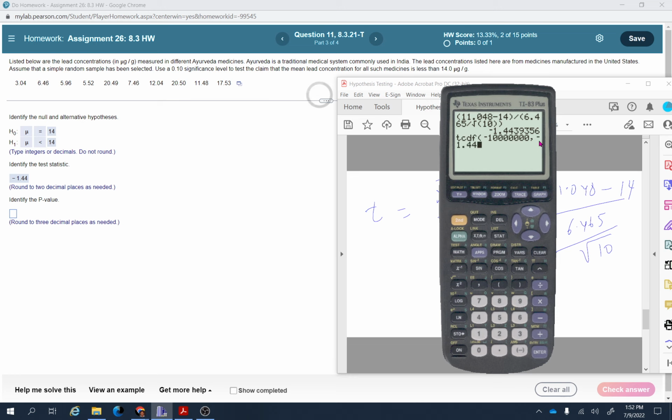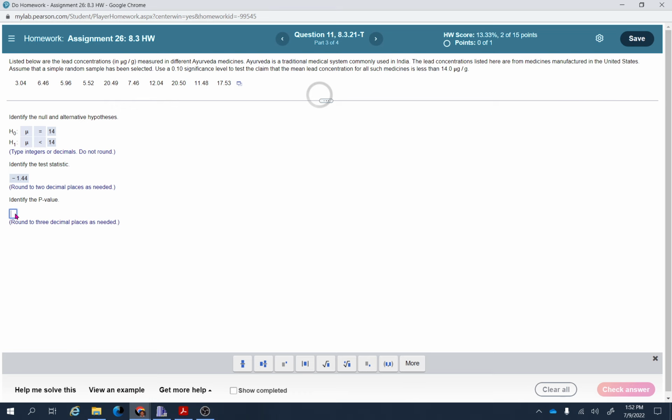Did I put the negative here? Yes. And then the degrees of freedom is 9 because the sample size is 10. That gives us 0.091. Rounded to three decimal places, it's 0.092.